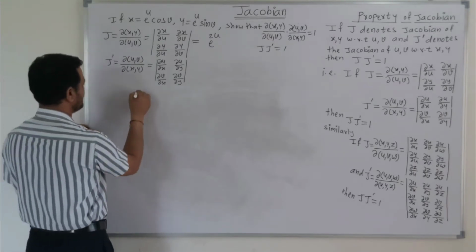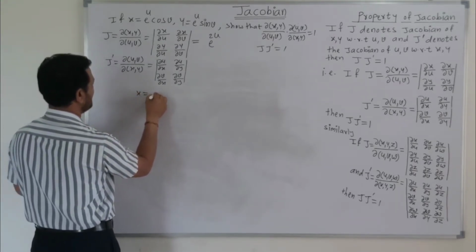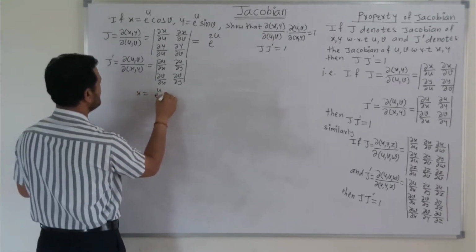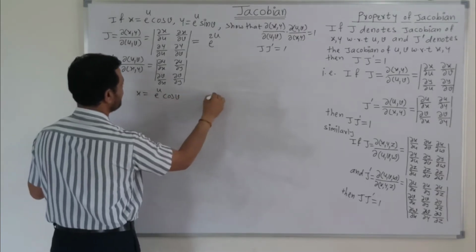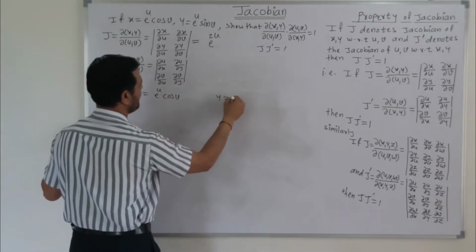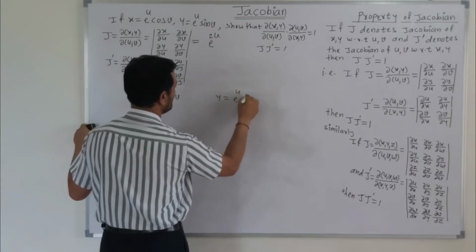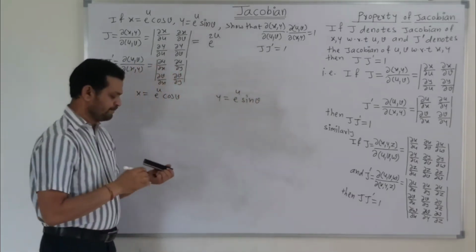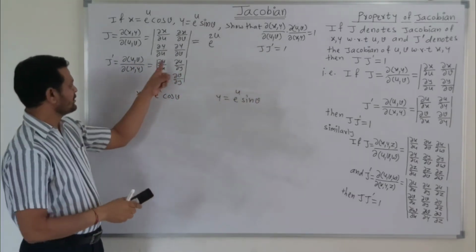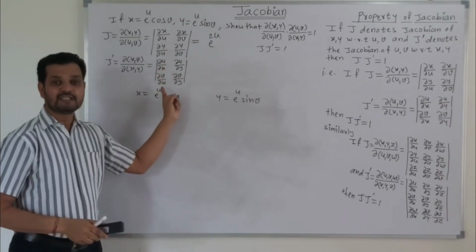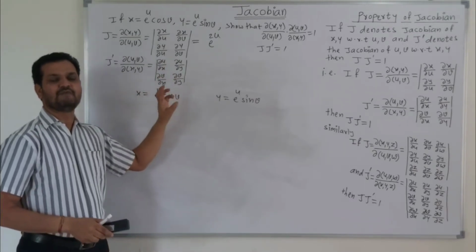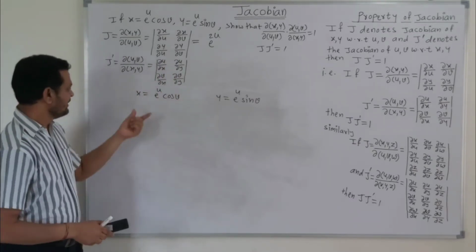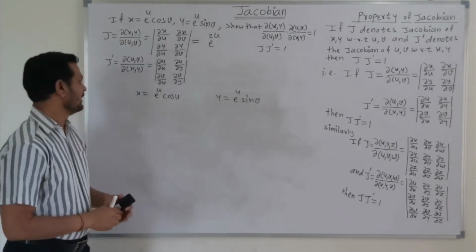So here friends, the value of x is given, the value of x is e raised to u into cos of v, and that of y is defined as e raised to u into sine of v. Now our aim is to find out the partial derivative of u and v with respect to x and y. That means first find out the value of u and v with the help of these two given values.